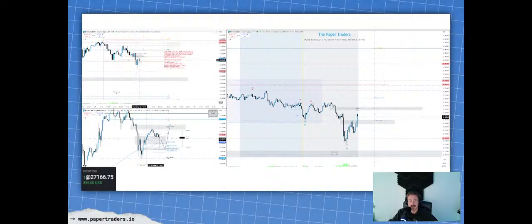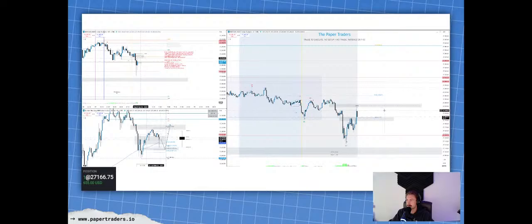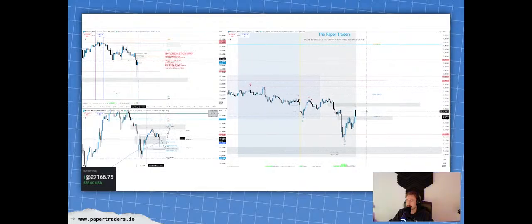So a previous 15-minute high, and we're tapping into that fair value gap on the 15-minute as well. So we could face that rejection, right? That's kind of what we're seeing right now. That maybe they want to retest it, come back.